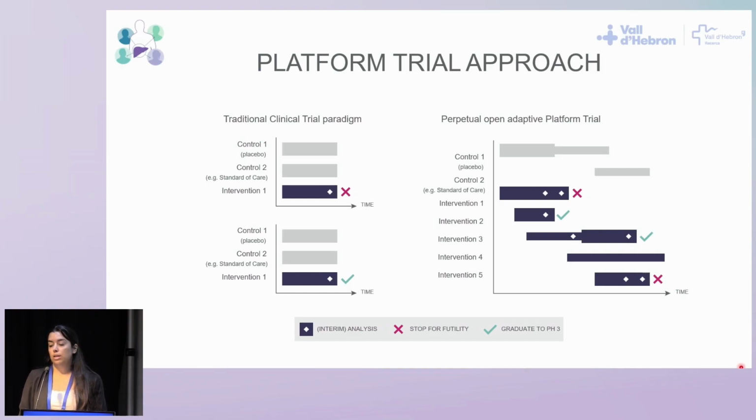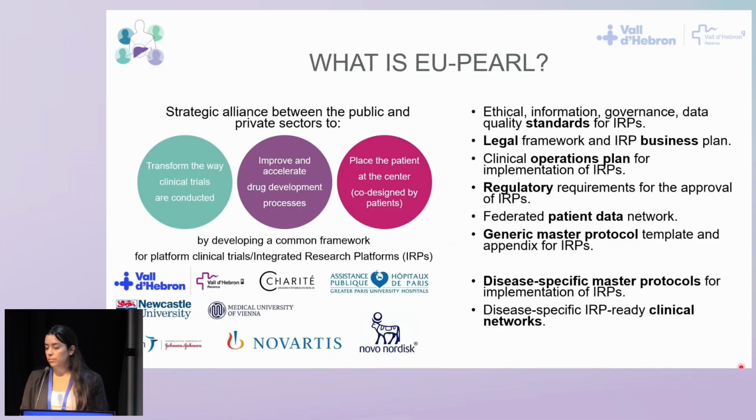And if the drug is not effective, the patients that were allocated into its arm can be allocated into another intervention arm after a washout period. So in conclusion, platform trials are a great alternative to classical clinical trials that can benefit the many stakeholders involved. So what is the UPearl project?